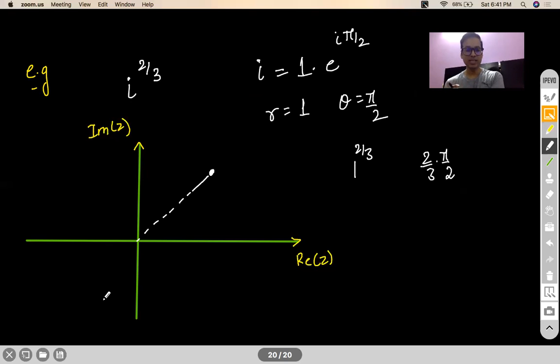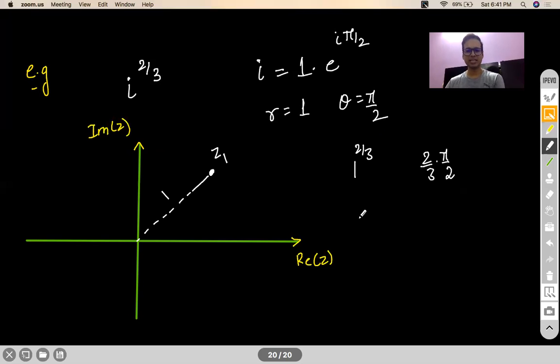Okay. So where is it located? It is located at an angle of pi by 3 and at a distance of 1. So this will be one of your roots. Is it fine? Any questions? Okay.